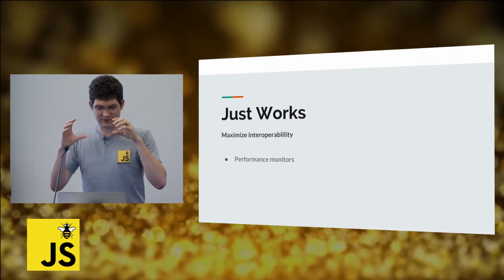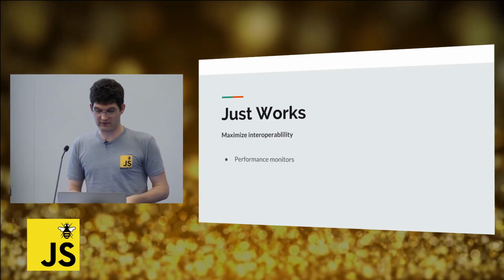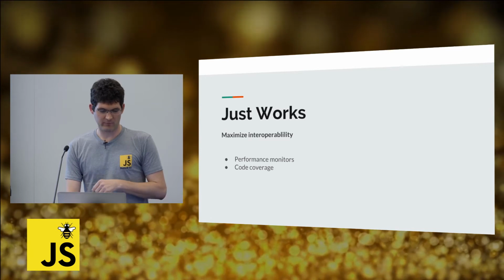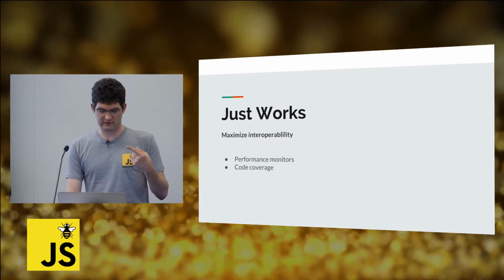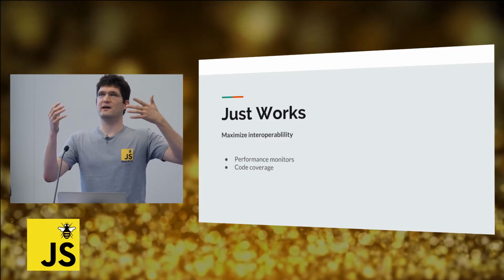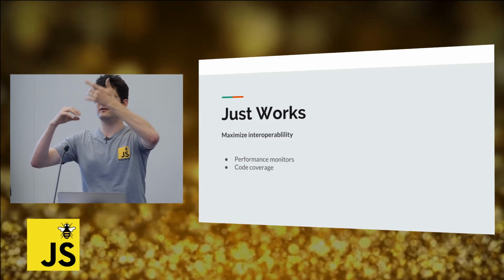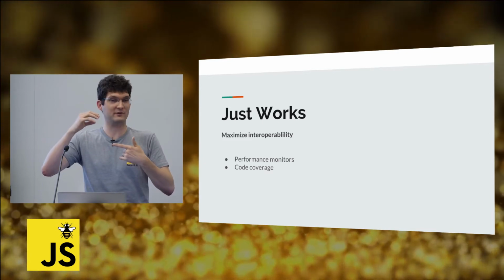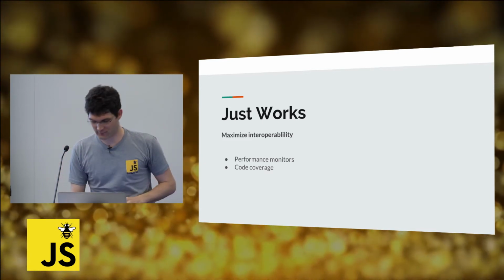But little ESM, the loader, does work with these monitors out of the box. You don't have to do anything. What I've done is, CommonJS has an interface for its modules, and I make the ES module have that same interface. So to the performance monitor, it thinks it's interacting with a CommonJS module, but it's actually an ES module.